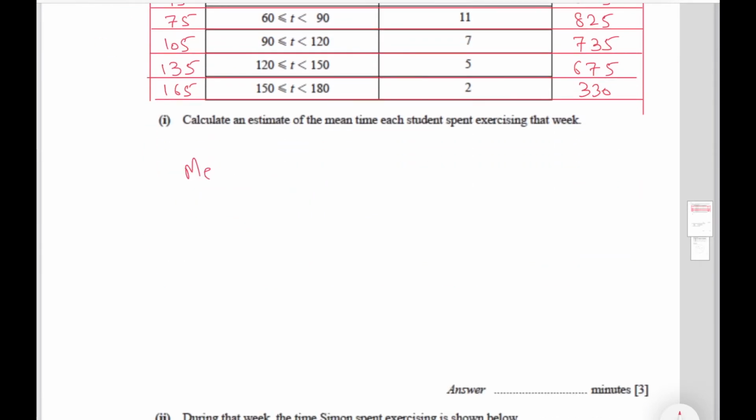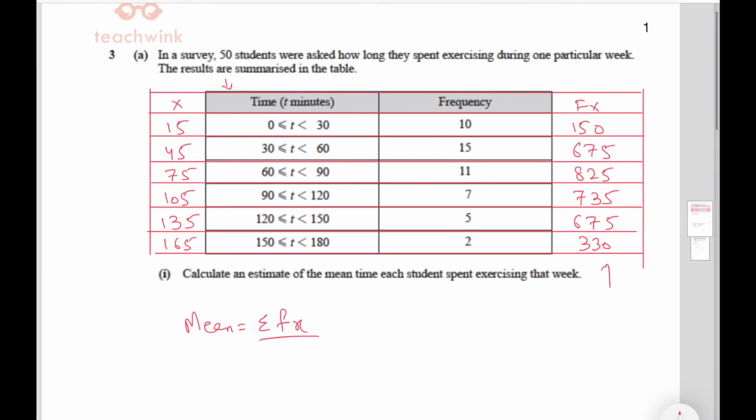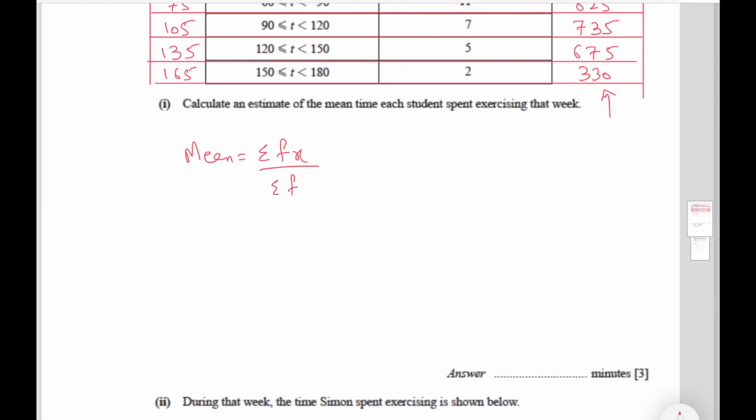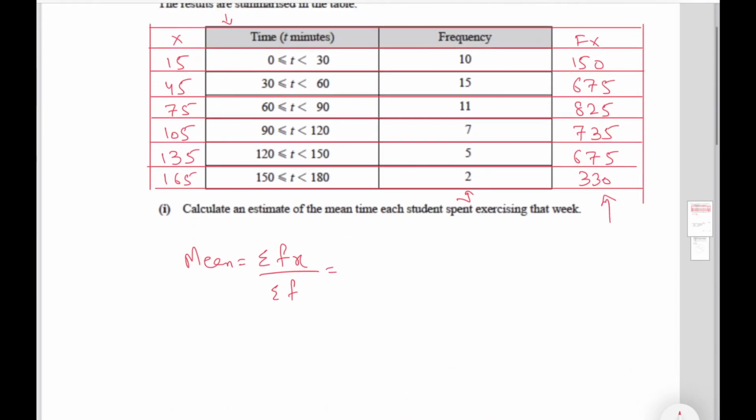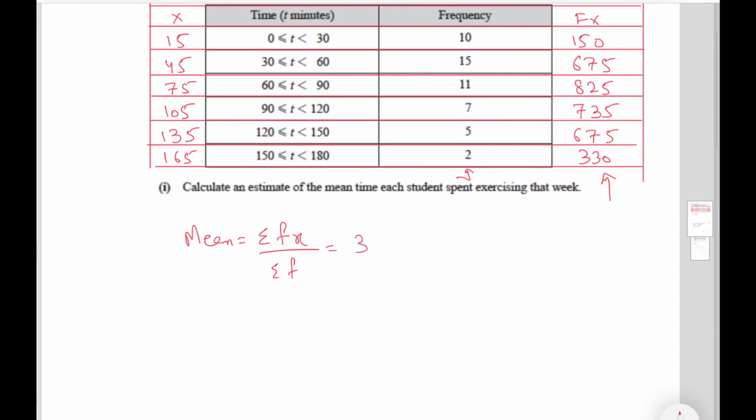So the formula for the mean is pretty simple. It's the sum of all these values over here divided by the sum of the frequency over here. Okay, so let's find the sum first. We add 150 and 675 and 825 and 735 and 675 and 330, and we eventually get 3390, and we divide this by the sum of the frequency, this column right here, which is 10 plus 15 plus 11 plus 7 plus 5 plus 2.